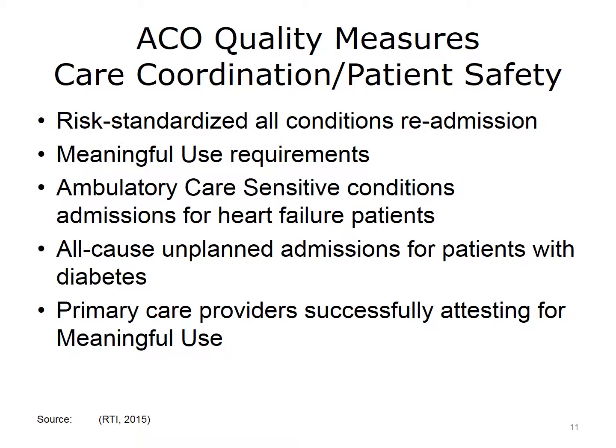There are 10 measures in the care coordination and patient safety domain. This domain includes some of the most complex measures that will require sophisticated systems for measurement, calculation, and reporting. One example is risk-standardized, all-conditions readmissions to hospitals. Readmission following acute care hospitalizations are costly and often preventable.